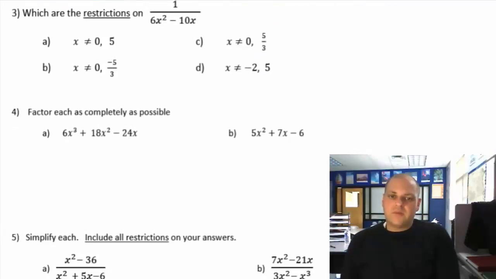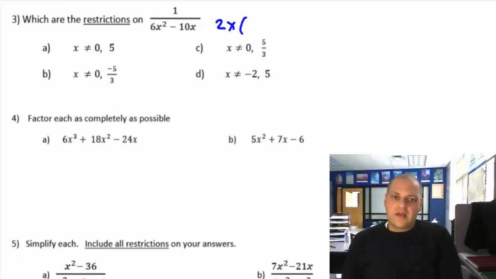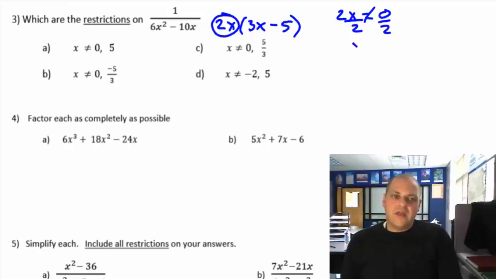All right, number 3, restrictions. Well, to see the restrictions, you need to factor. I hope we know how to factor by now. Take out a 2x down here. 2x times 3x minus 5. So I have a restriction on 0. 2x cannot equal 0. Divide by 2. X cannot equal 0.